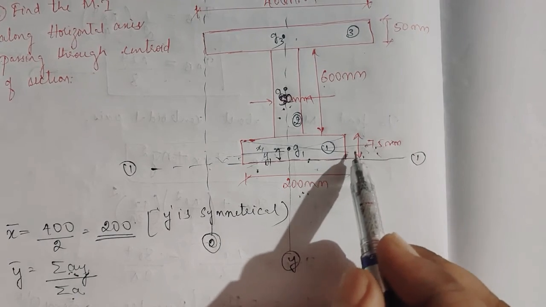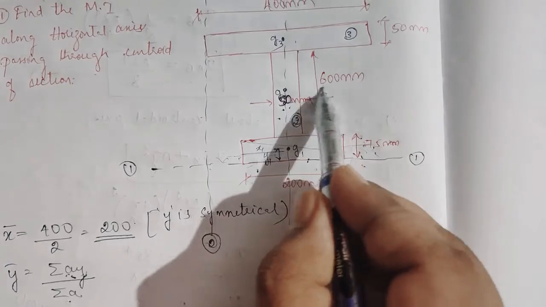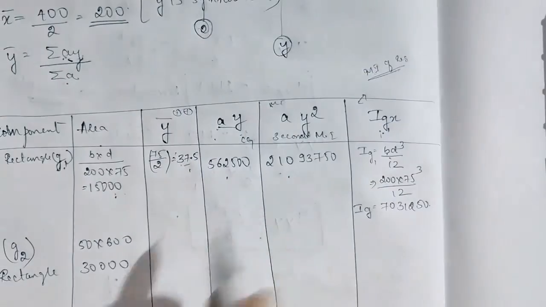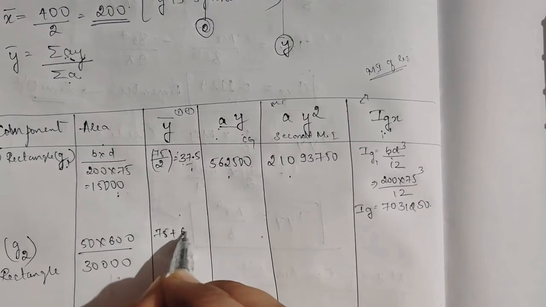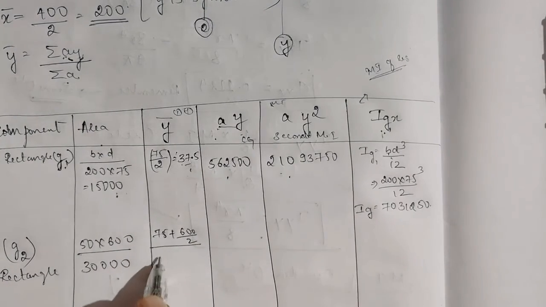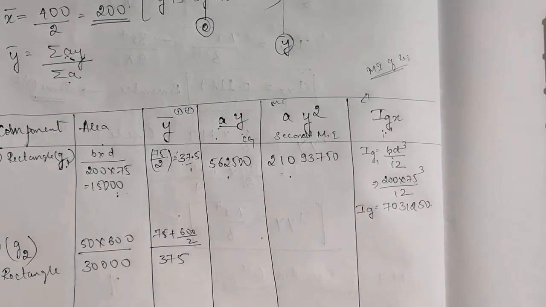So what is 1? From here to here is 75. So 75 plus 600 by 2, so I'll get the midpoint. So 75 plus 600 by 2, the value is 375.